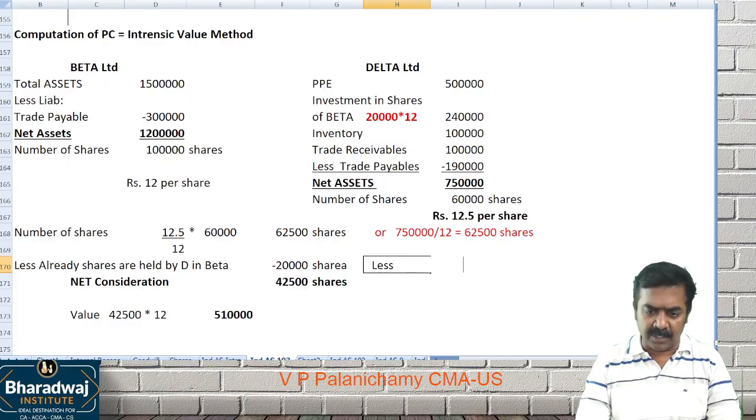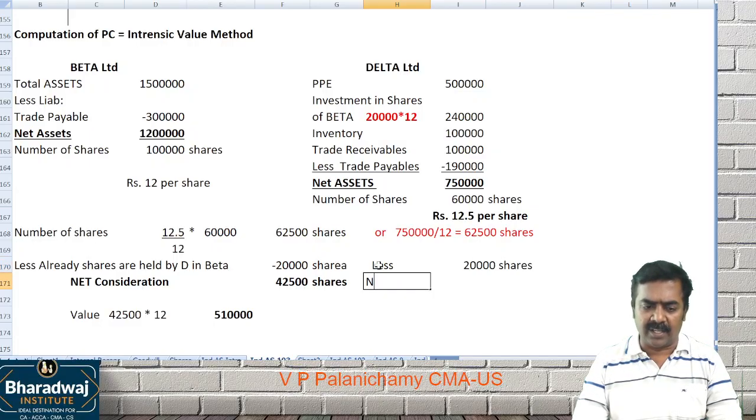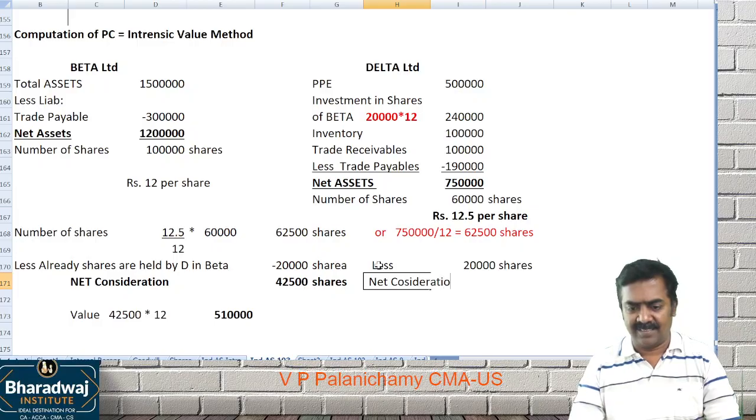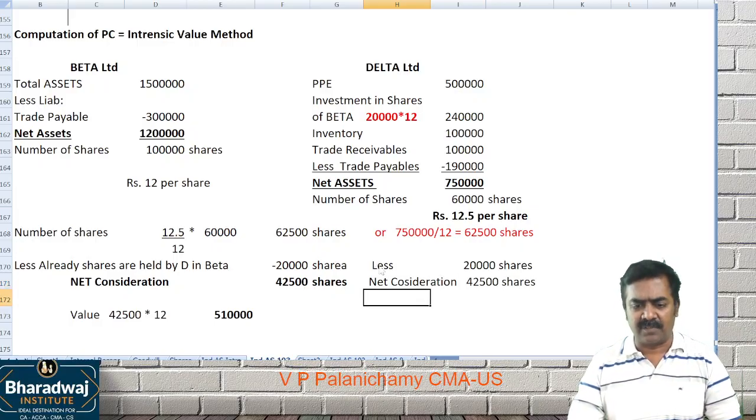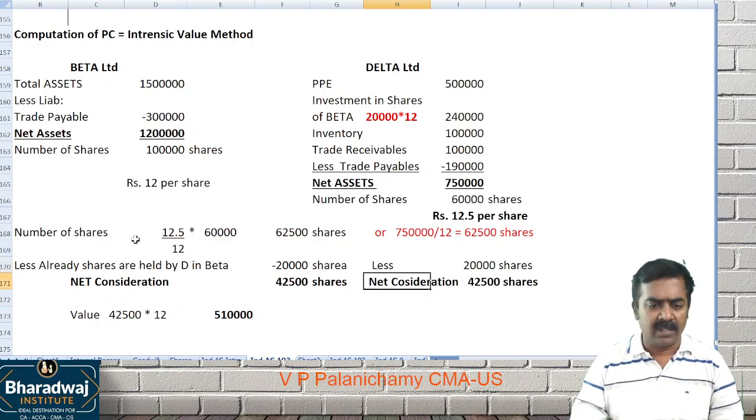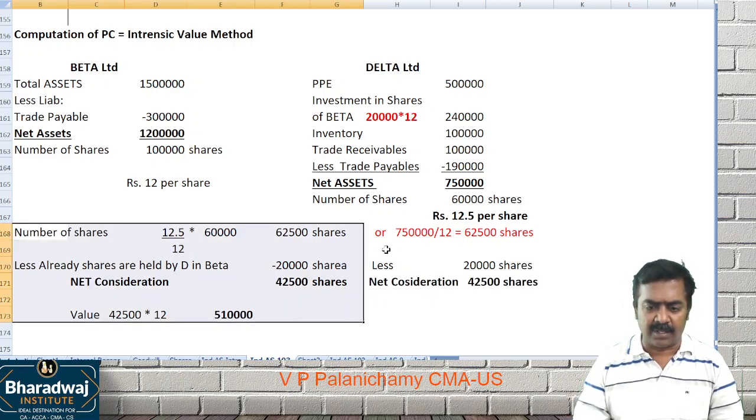So in my company you are holding 20,000 shares, and I will not take over that value. I will keep it with you. So what will the net consideration be? 42,500 shares I have to give you. Of course the value will be the same. This model is accepted, and the other model is also accepted.